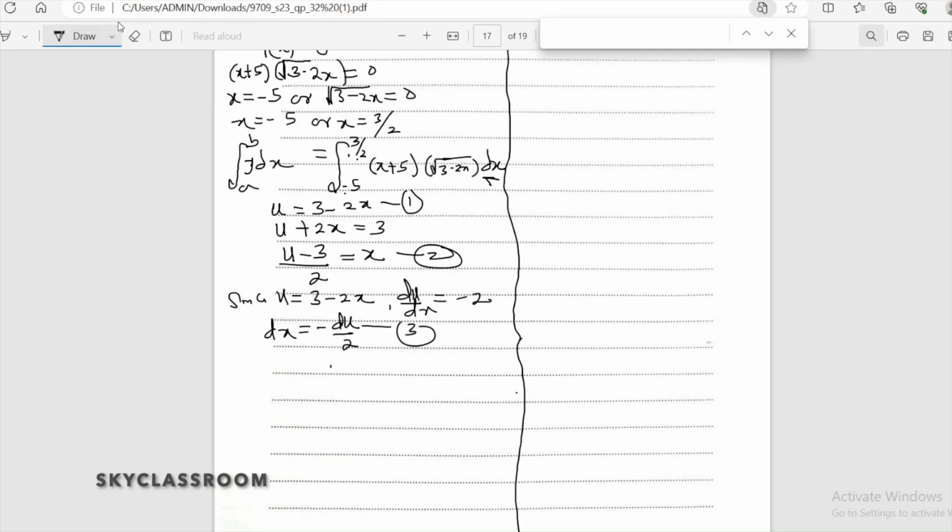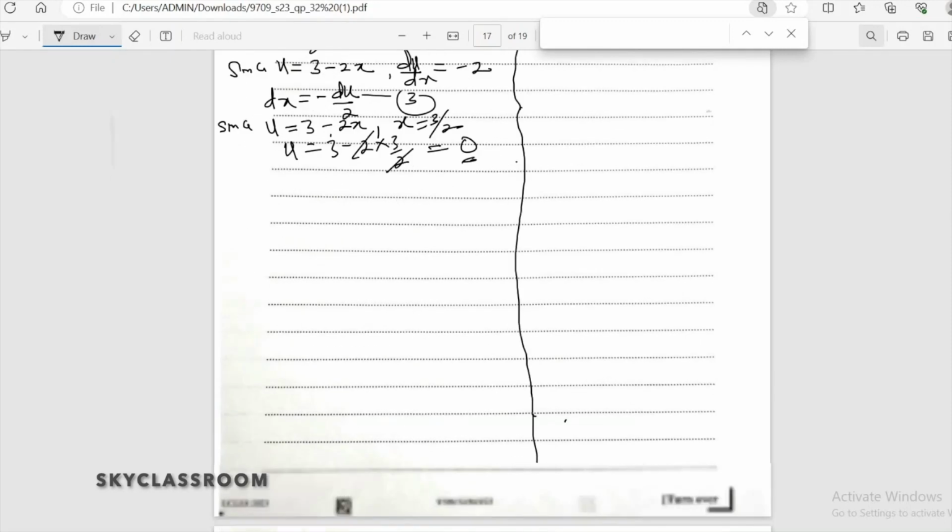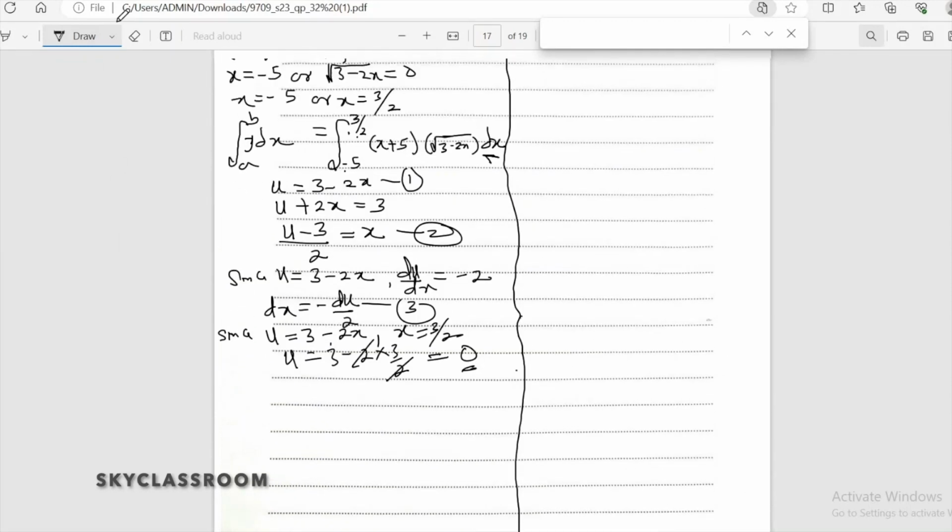So, since u is 3 minus 2x, when x is 3 over 2, what is u? u is 3 minus 2 times 3 over 2. u gives us 0. And when x is minus 5, what's u?